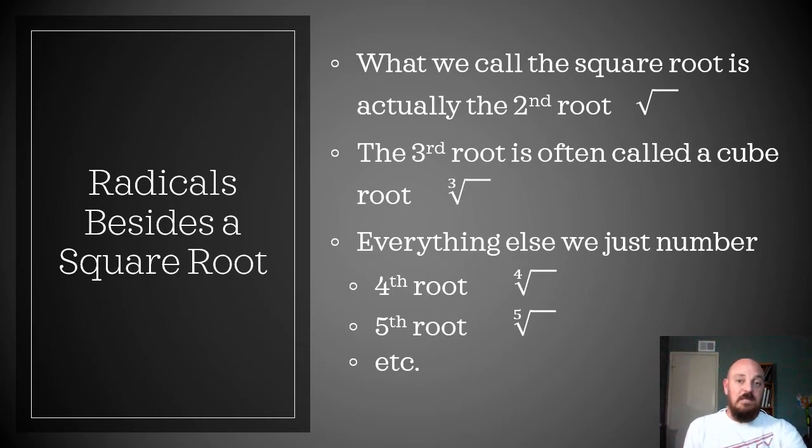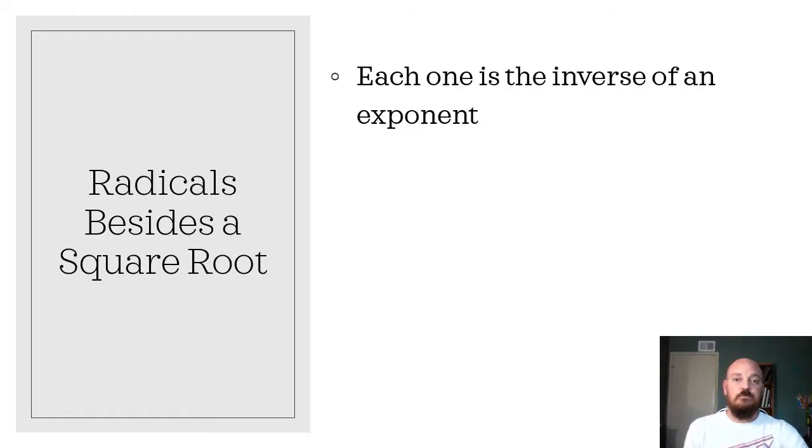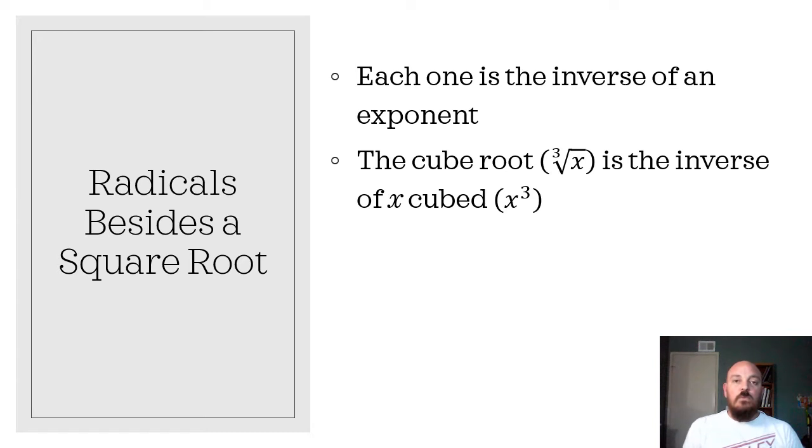Now let's talk about what they mean then. So each radical is the inverse of an exponent. And we already talked about how squaring and square rooting are the inverse. Well, cubing and cube rooting. Sometimes you call raising something to the third power cubing it.